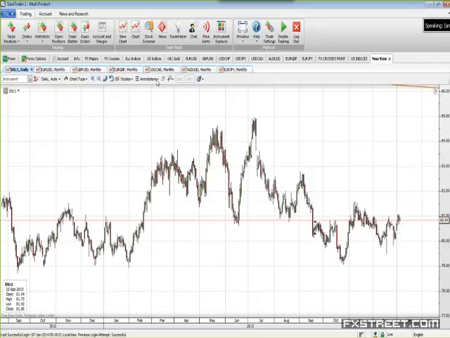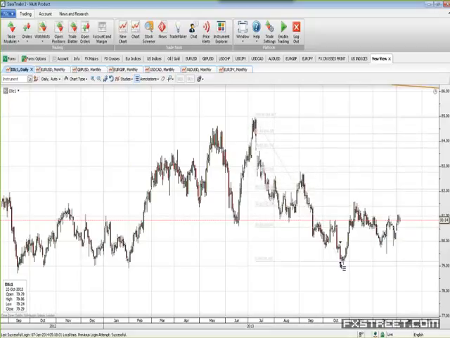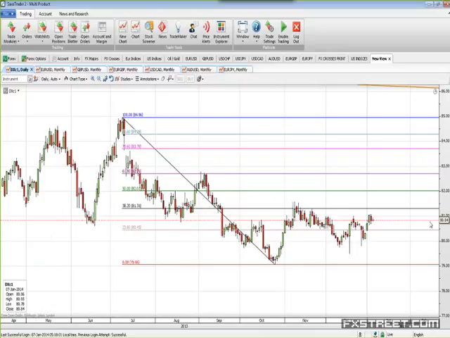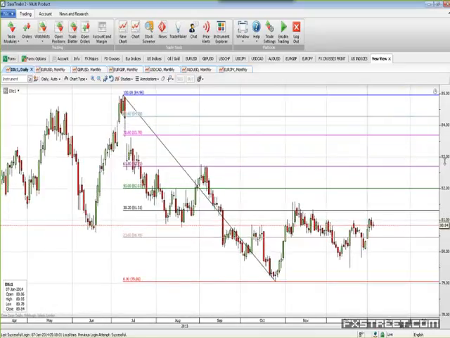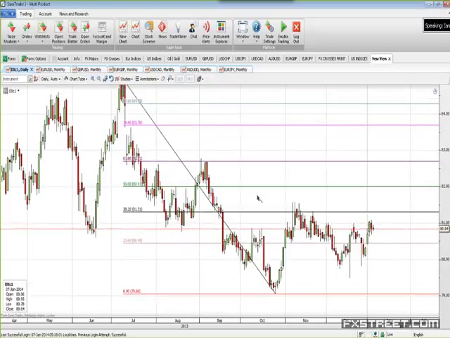So if we put our fib on, and then we want to use just a line tool. So we're just clicking on a basic line tool. What will happen is it'll mirror this line tool.